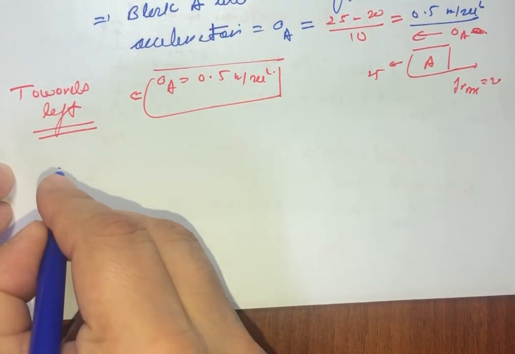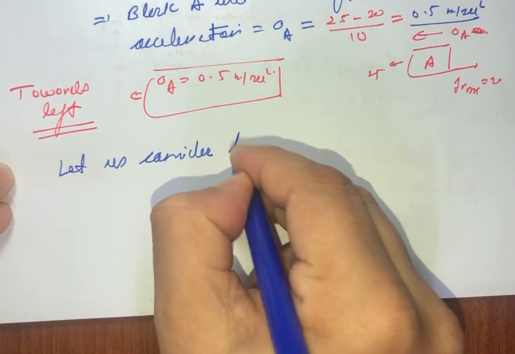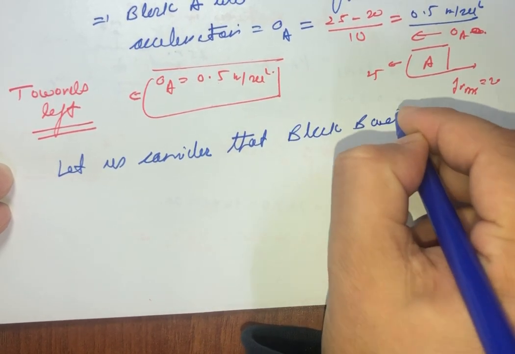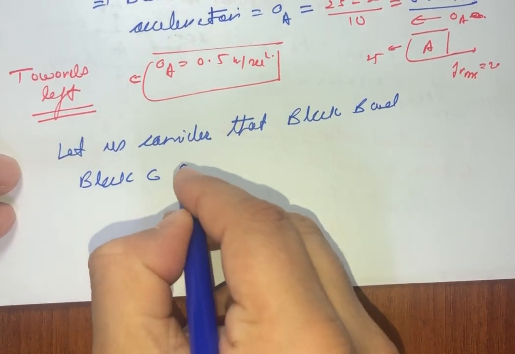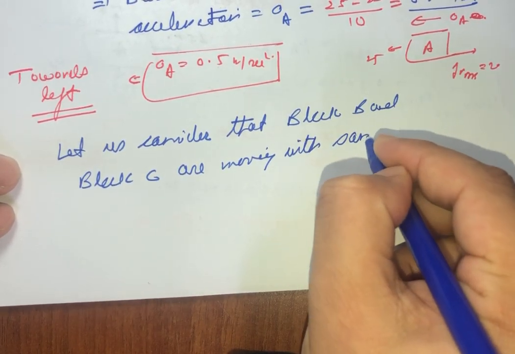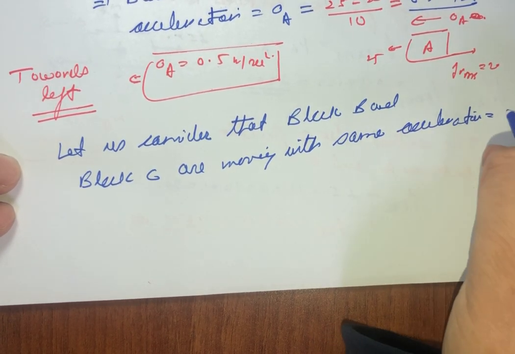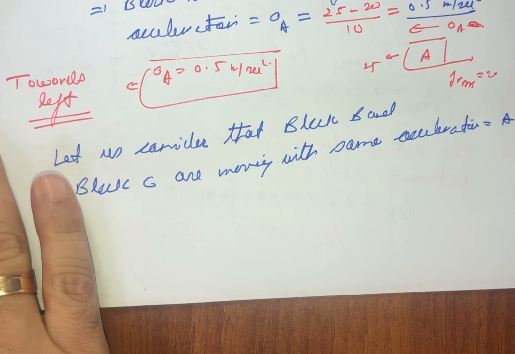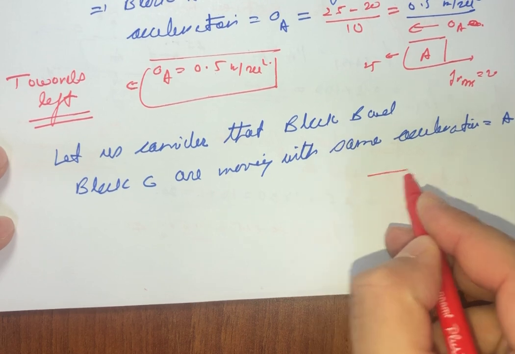Okay, so we can say, let's consider that block B and block C are moving with the same acceleration, which is capital A. Okay, so we say they move with the same acceleration, which is capital A, and let us draw it here.